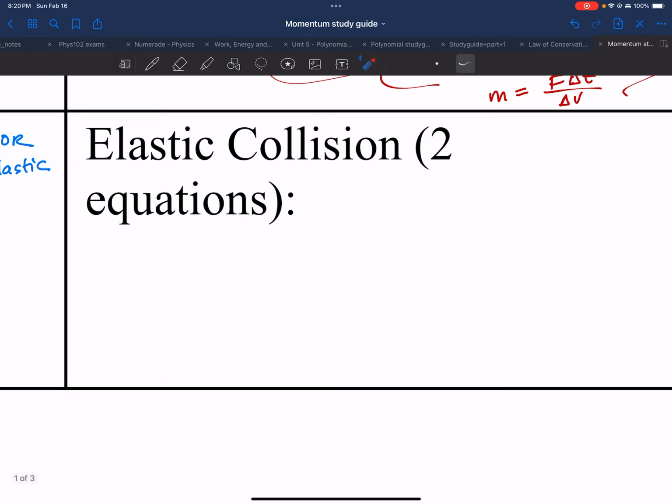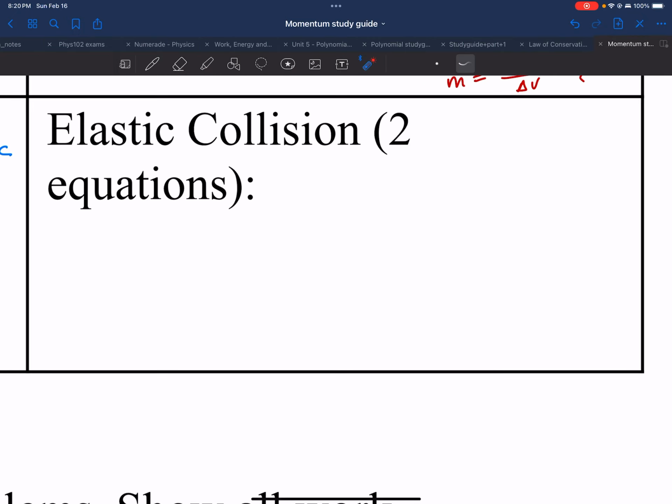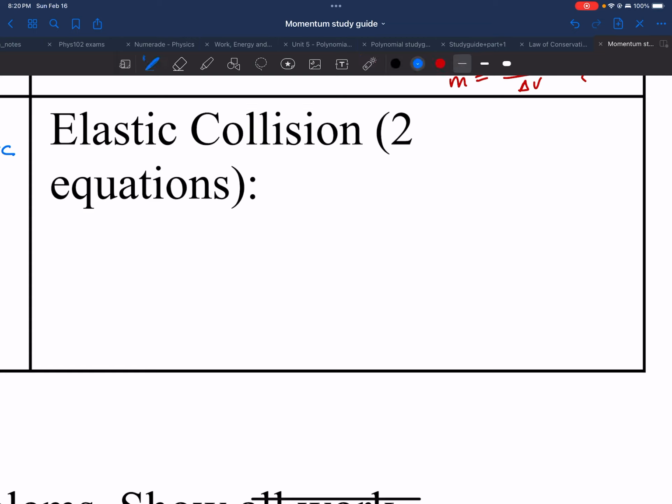And then elastic collisions. We've got two things going on, because we know that energy, meaning kinetic energy, and momentum are conserved.